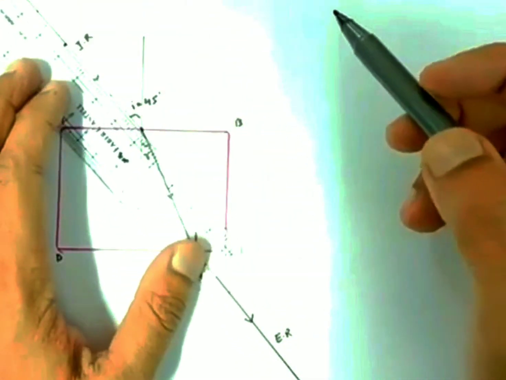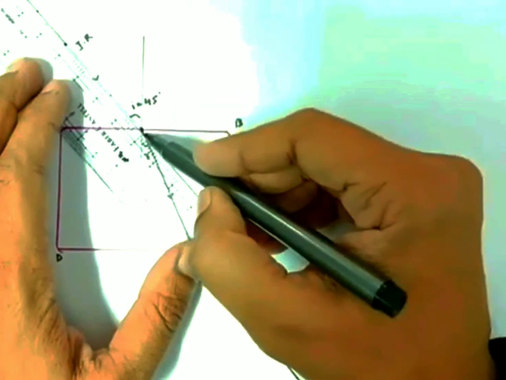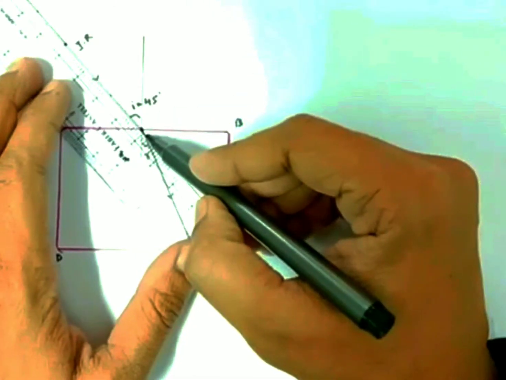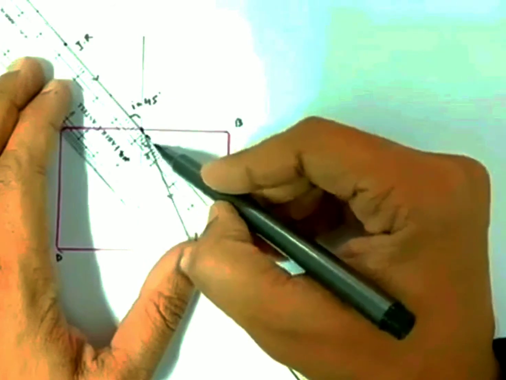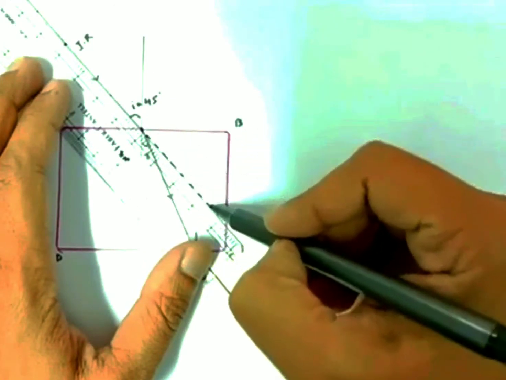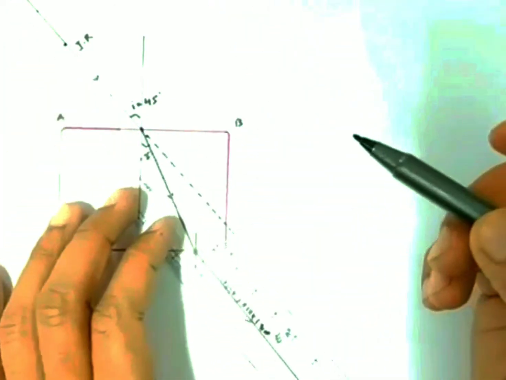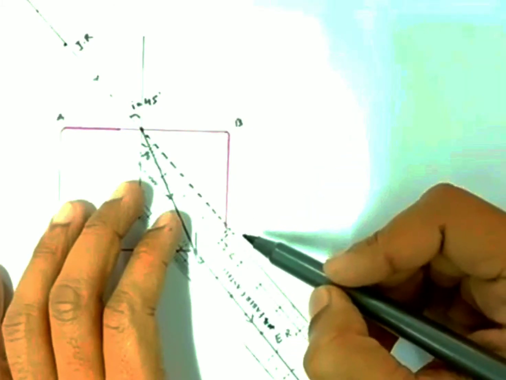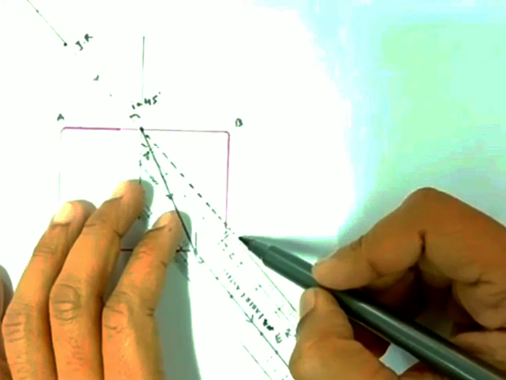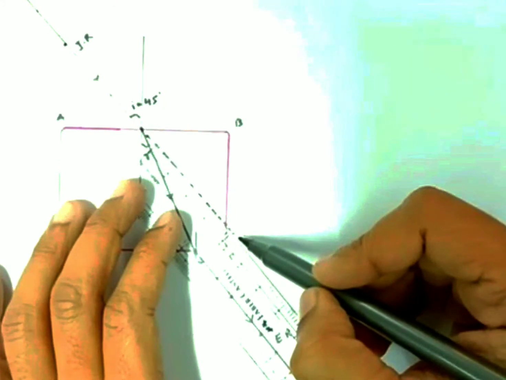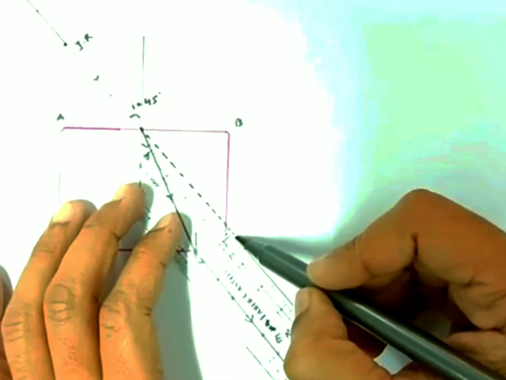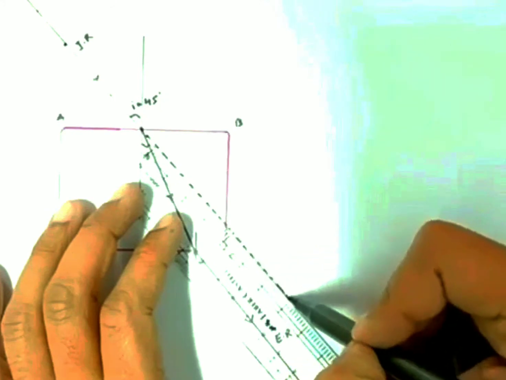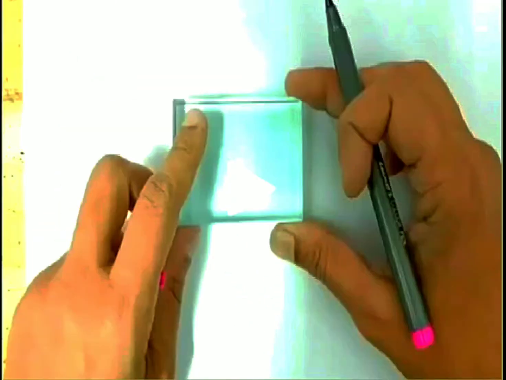Now let's draw the incident ray inside the glass with a dotted line. Now you will observe that the actual incident ray and the emergent ray are parallel to each other. However, it is slightly shifted.